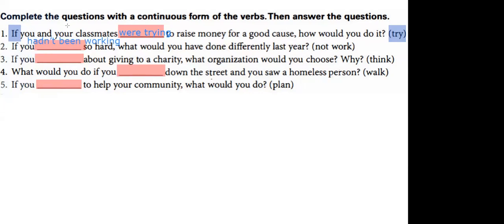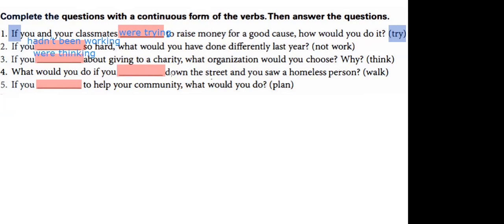Number three, if you about giving to a charity, what organization would you choose and why? We're thinking. If you were thinking. Okay, a pause. What would you do if you down the street and you saw a homeless person?